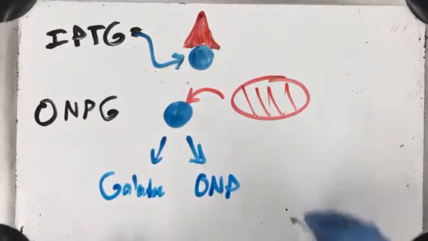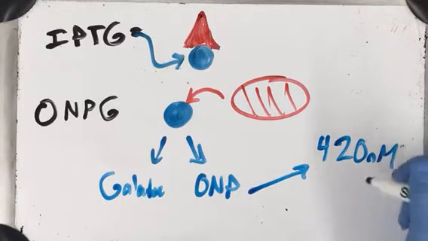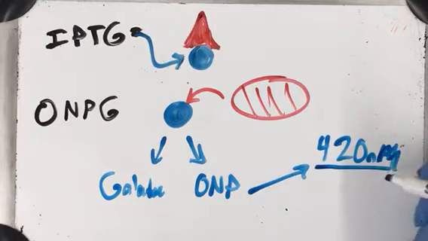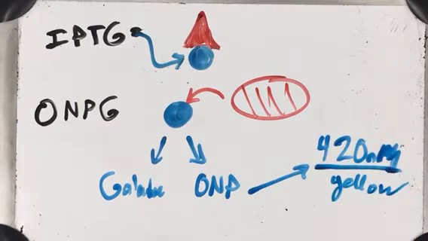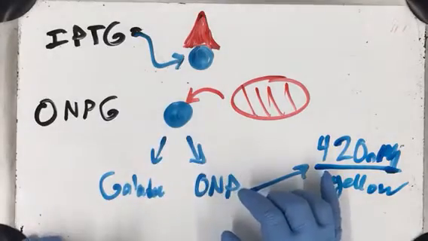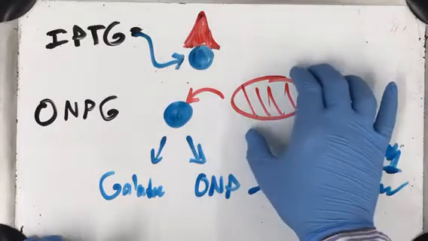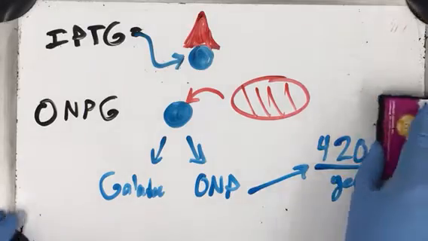The thing about ONP is that it will light up at 420 nanometers, at a wavelength that we can measure, and it's going to show up as yellow. I don't have a yellow marker, sadly. So this product from ONPG is going to be digested by the enzyme, if it's present, into a yellow reading that we can read at 420.